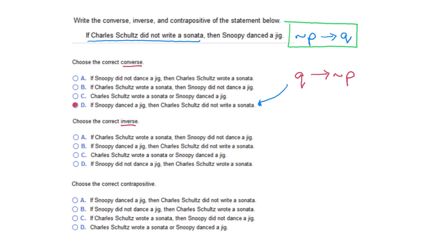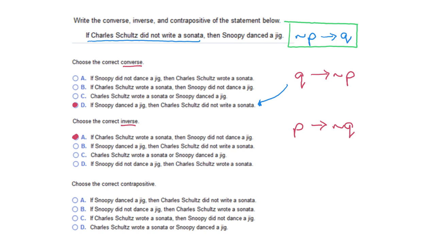So the opposite of not P will make this a P, and the opposite of Q is not Q. So if P implies not Q is the inverse statement. Now we need to translate that into a sentence. If Charles Schulz wrote a sonata, then Snoopy did not dance a jig, and that is going to be A.